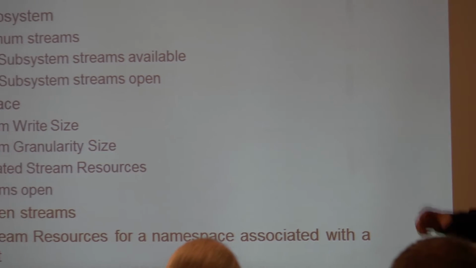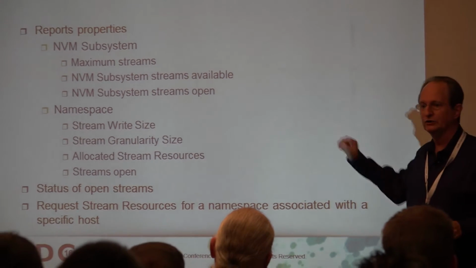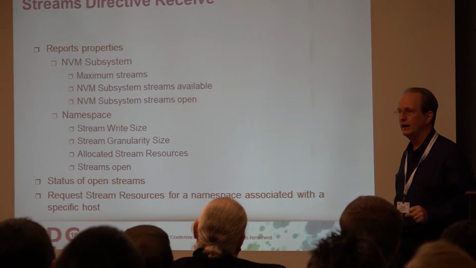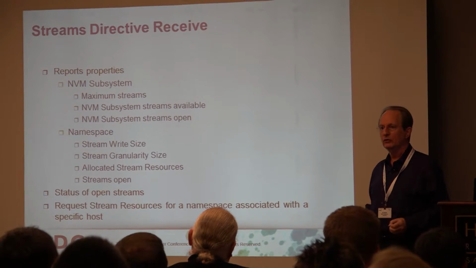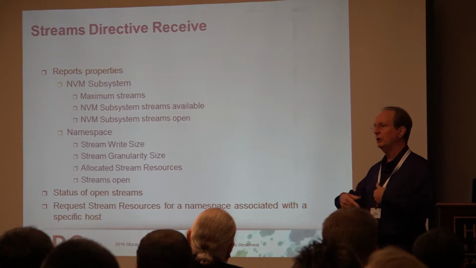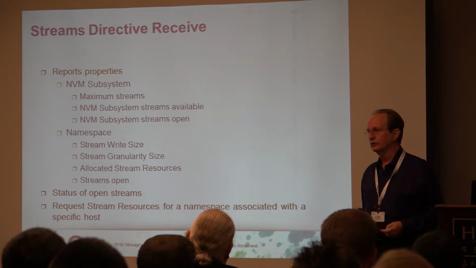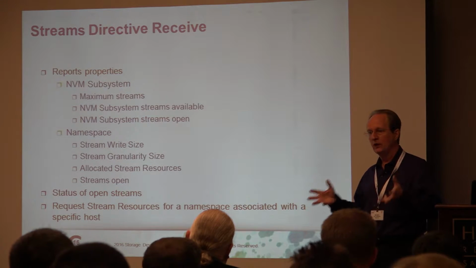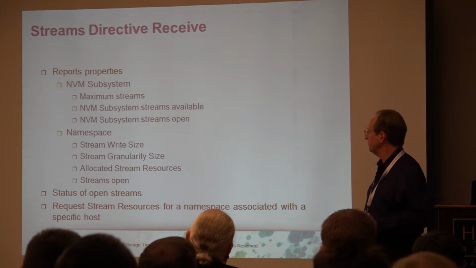The stream granularity size is, for a NAND flash, how big my erase block is. And stream granularity is actually a multiple of stream write size units. So if your stream write size was a page size, your granularity is n pages. That's the type of thing that's being passed back there. It helps the storage application know how best to use this SSD.